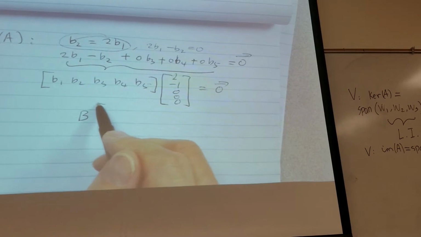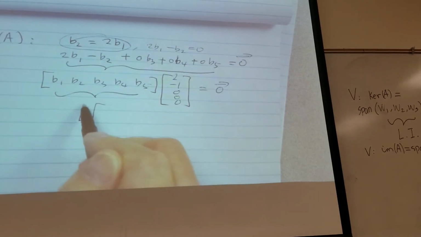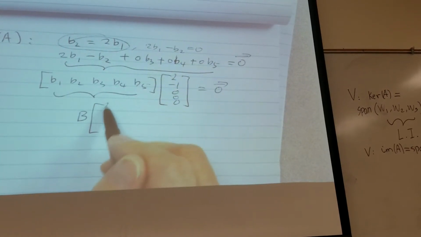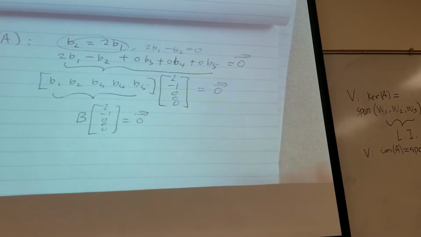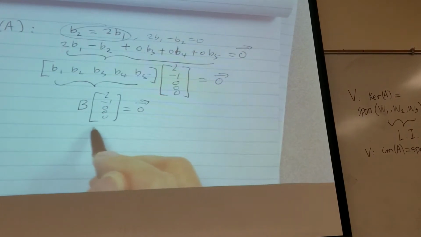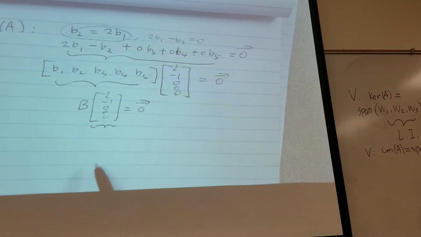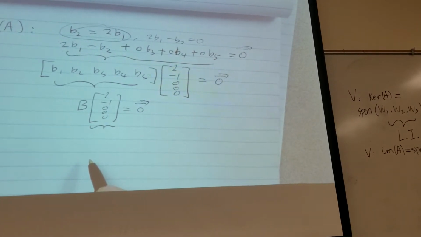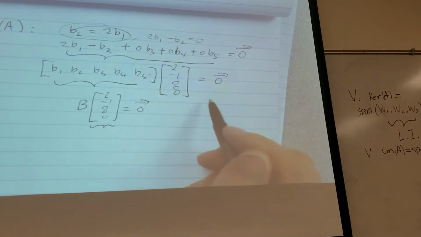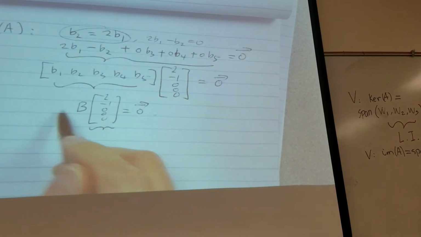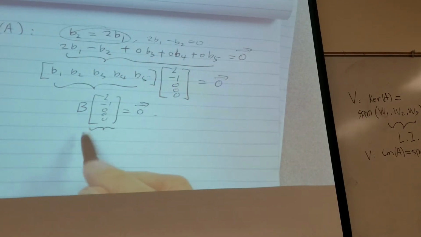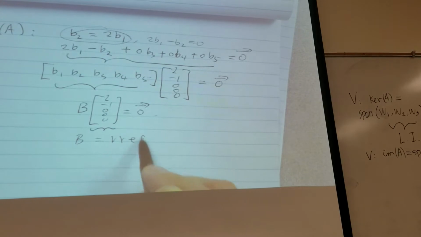I found this matrix B times 2, -1, 0, 0, 0 is 0. That means this is a solution to Bx equals 0. But remember B is RREF of A, right?